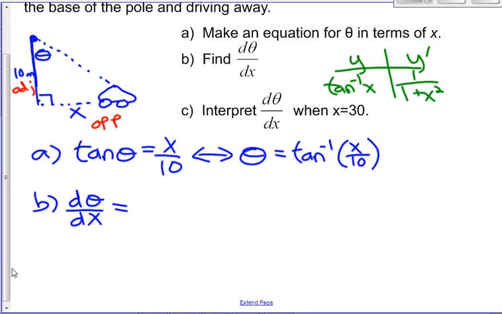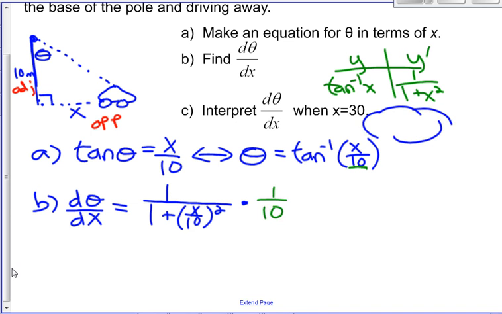Okay, so for us, that's going to be 1 over 1 plus x over 10 squared. And then times the derivative of the inner here, which would be 1/10. And if you have trouble seeing that, you can always think of x over 10 as 1/10 times x. Okay, the derivative of that is clearly 1/10. If it had been 2x, it would be 2.